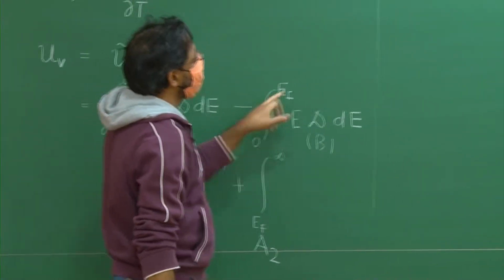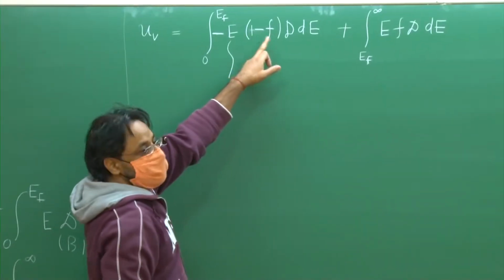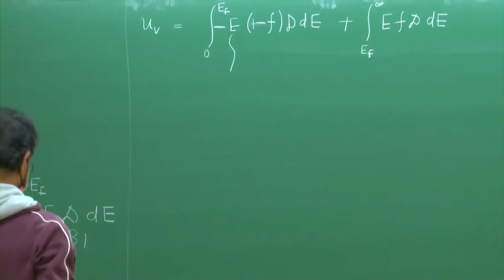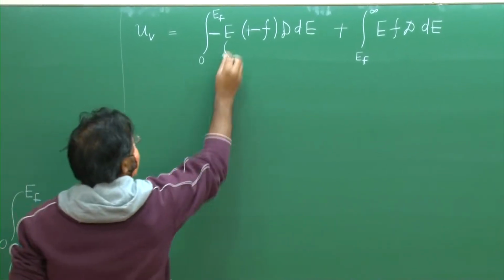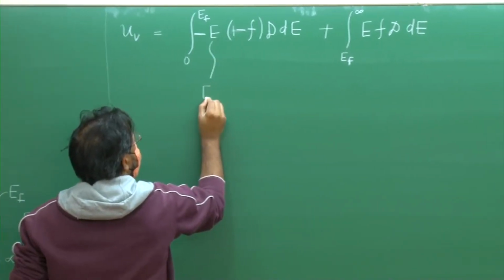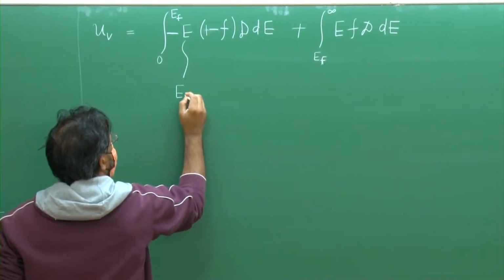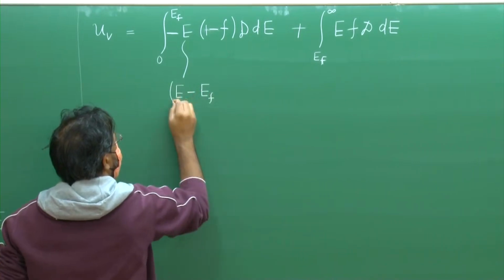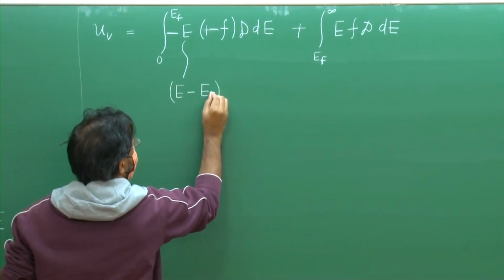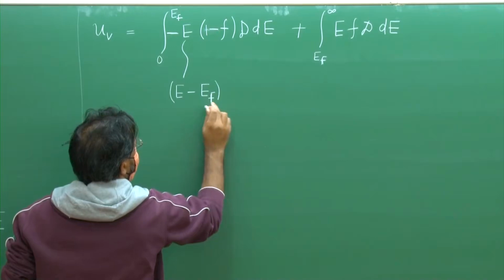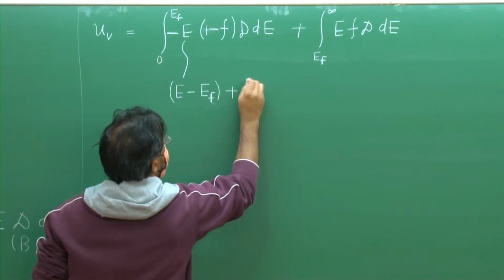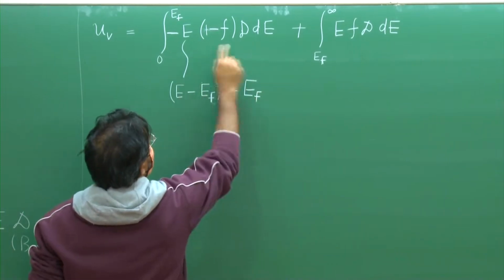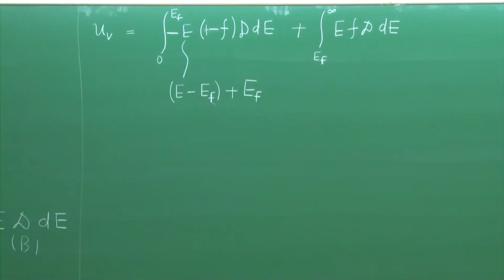If I pull this negative sign out, then this will be 1 minus F, right. Okay. I can write E as EF or E minus EF, so this is capital F plus EF, and again divide this integral into two parts.